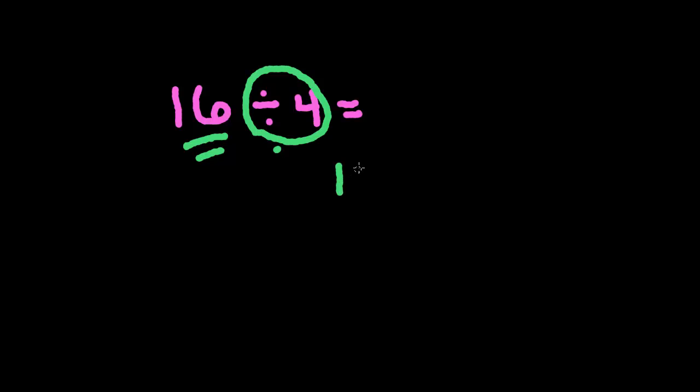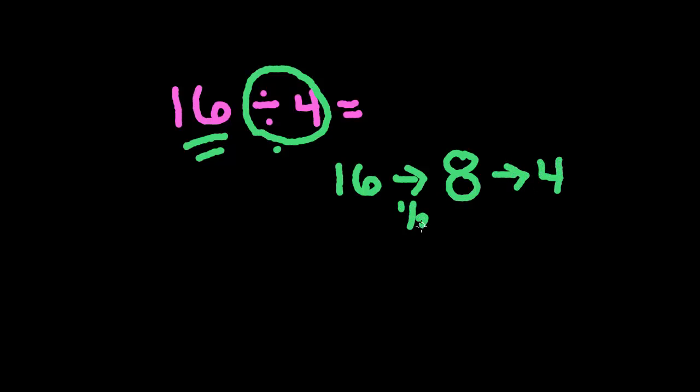We're going to take 16 and cut it in half. Students automatically know that half of 16 is 8. That one's an easy one. And then half of 8 is 4. For some students, keeping track of how many times they have to take half by writing this out may be helpful at first. Eventually, they should be able to do it in their head. So 16 divided by 4 is 4.